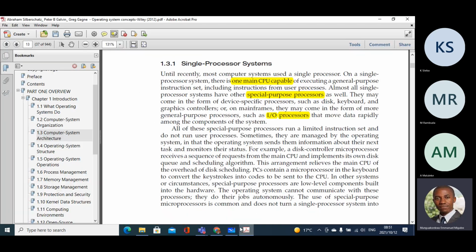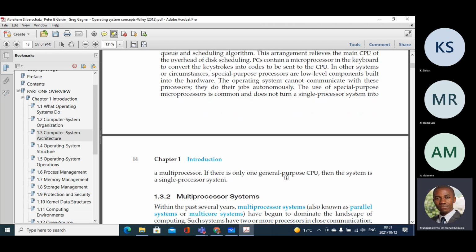Okay, so yeah, it's just important to mention the distinction between the two. Okay, so the special purpose processors are of two types. They could be fully hardware, or they could be firmware driven, meaning they have a small processing unit on board, but only limited to processing a specific number of tasks. Okay, so that's about single processor systems.